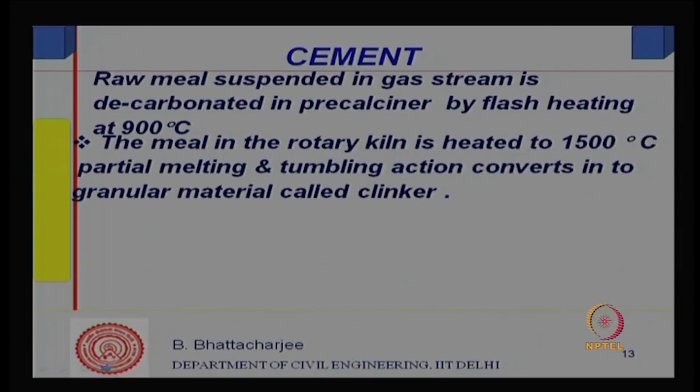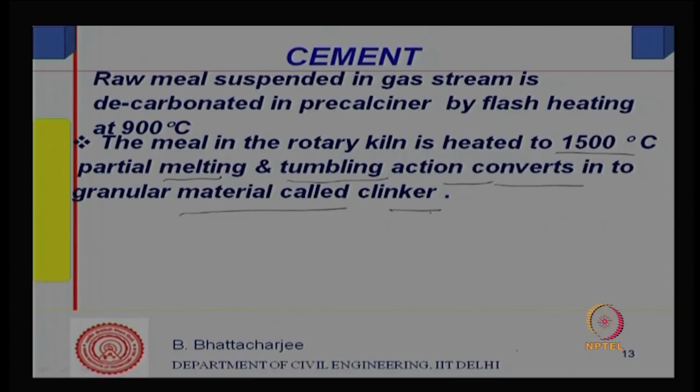This material is then allowed to enter a rotary kiln and heated to 1500 degrees centigrade, which causes partial melting, and the tumbling action of the kiln converts it into a granular material called clinker.